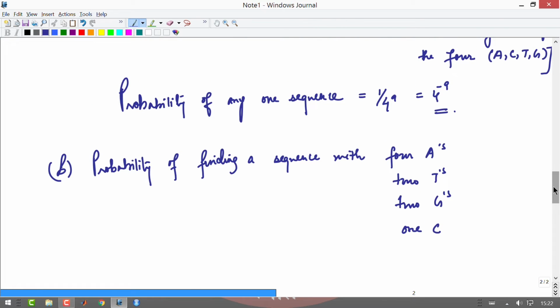So, you can see that 4 A's, 2 T's, 2 G's and 1 C is basically total 9 monomers.